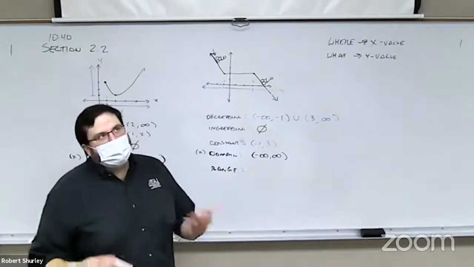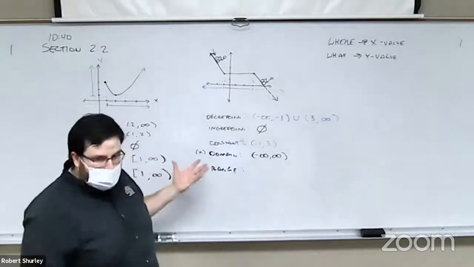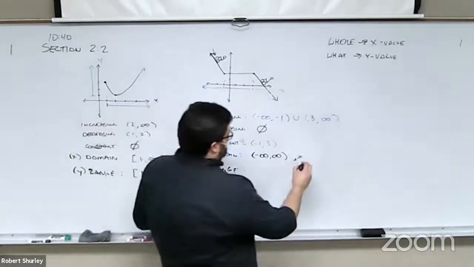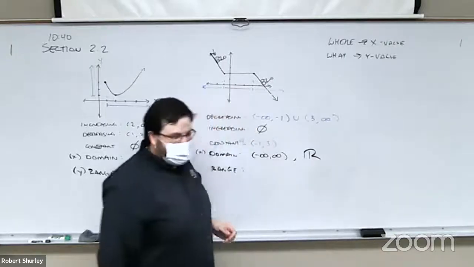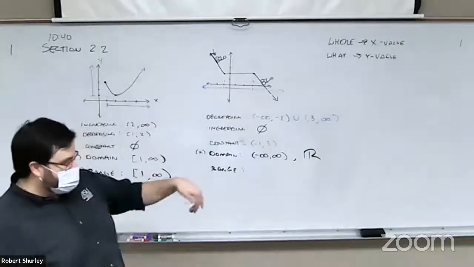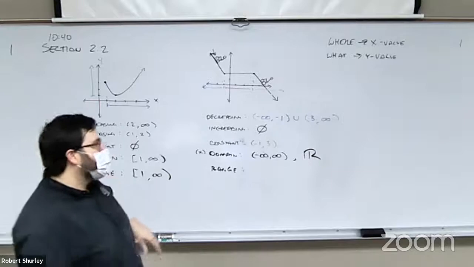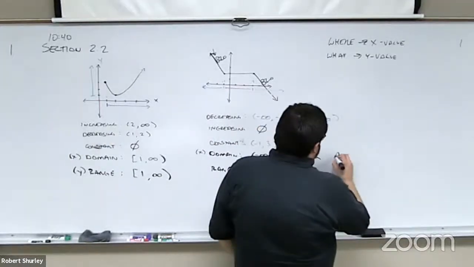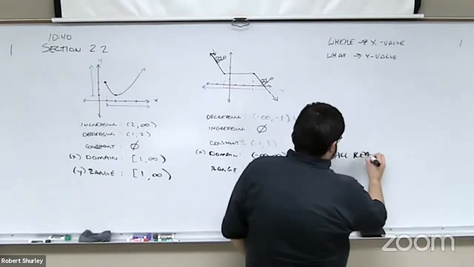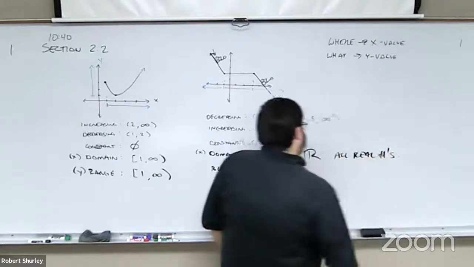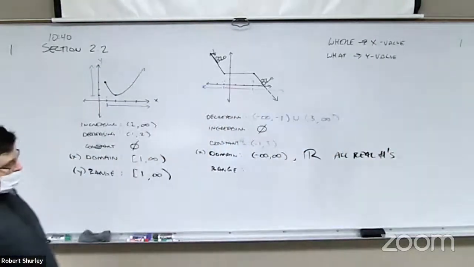Because this will be a multiple choice type question. It's a good multiple choice question. But a shorthand way to do this is you write it like that. Kind of looks like the indentation paragraph symbol, but it's an R instead of a P. And it means all real numbers, okay? All real numbers.